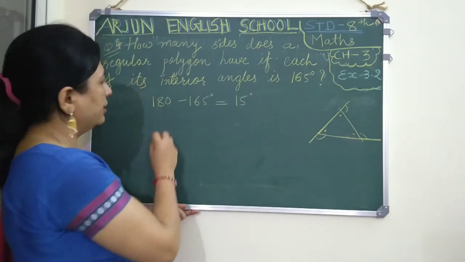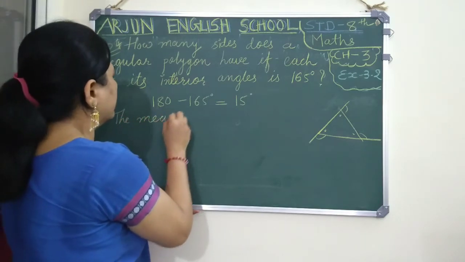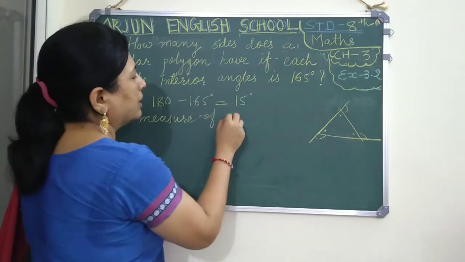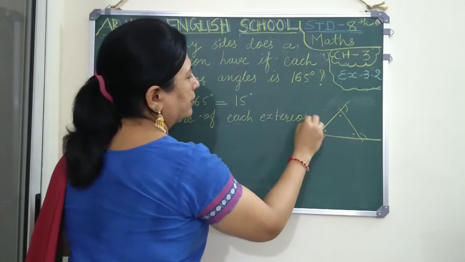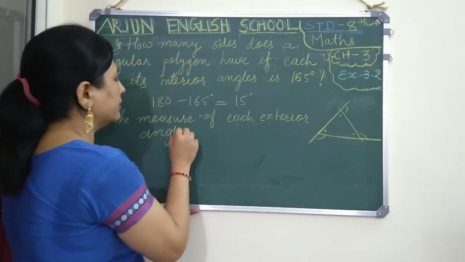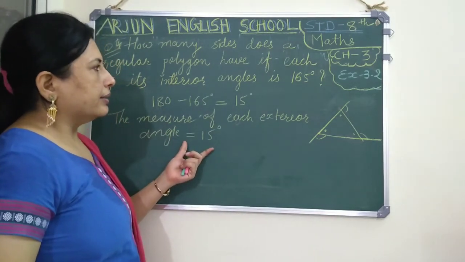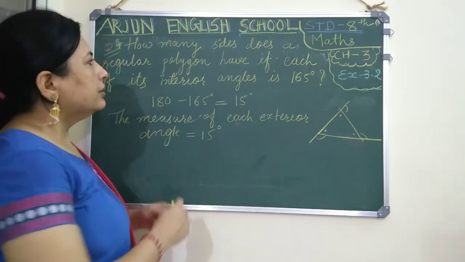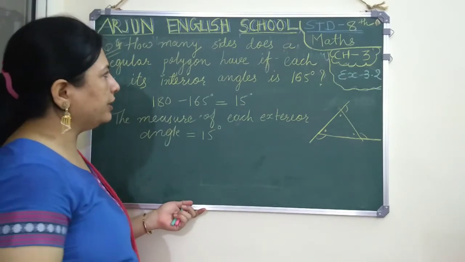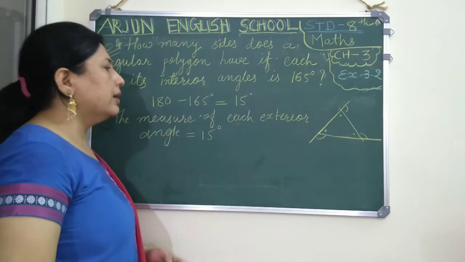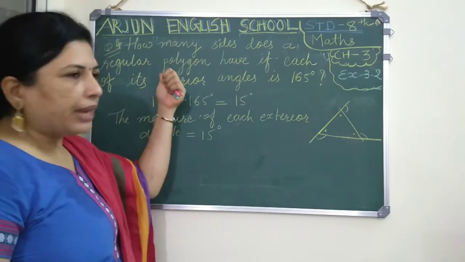So we can say that the measure of each exterior angle is 15 degree. And if 15 degree is there, then we can find out the total number of exterior angles with the help of 360 divided by 15. And whatever will be the number of exterior angles, the same will be the sides of this regular polygon.